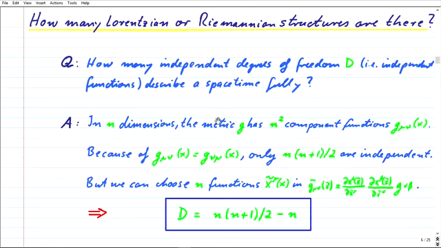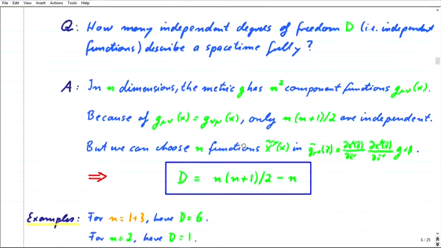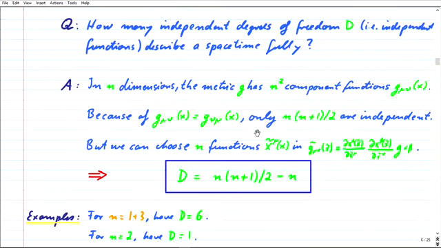But there is some redundancy in that choice, because diffeomorphisms, changes of coordinates, provide equivalences. So let's do a little bit of counting here to find out how many components of the metric tensor can really be chosen freely, and therefore how many ways there are to identify these equivalence classes, to choose one of those equivalence classes.